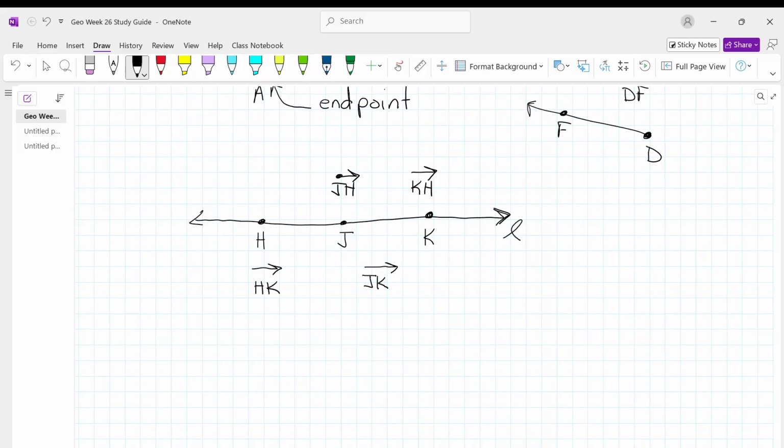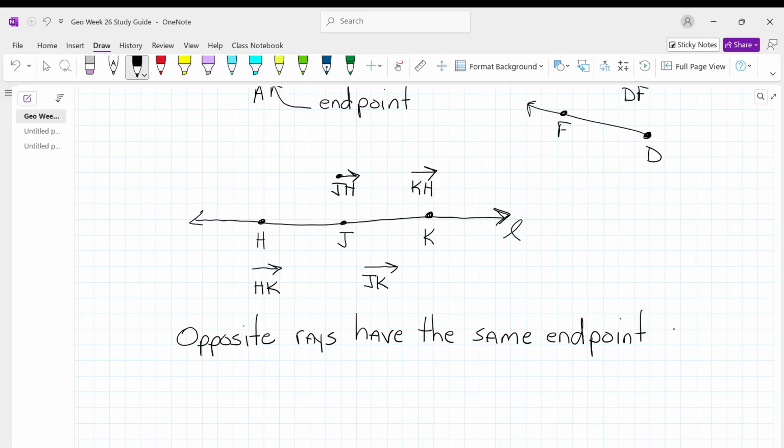All right, and then we're going to say that opposite rays have the same endpoint but go in opposite directions.